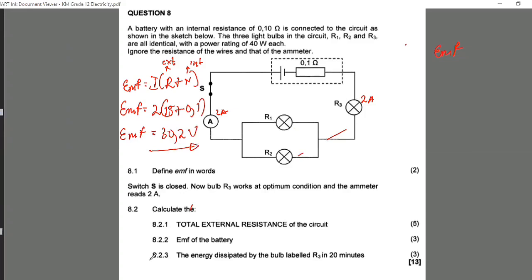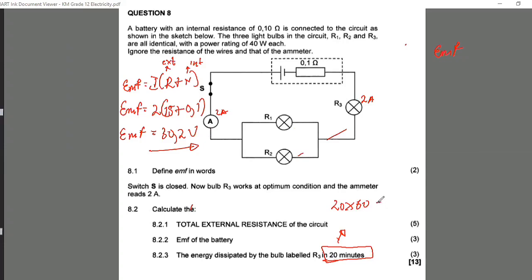Okay, and then now 6.2.3 says calculate the energy dissipated by the bulb labeled R3 in 20 minutes, right? Before I speak of energy, let's first solve this one. We know that if we are given our time in minutes, we should convert, right? Immediately we see minutes, we just say 20 times 60 so that we convert it.